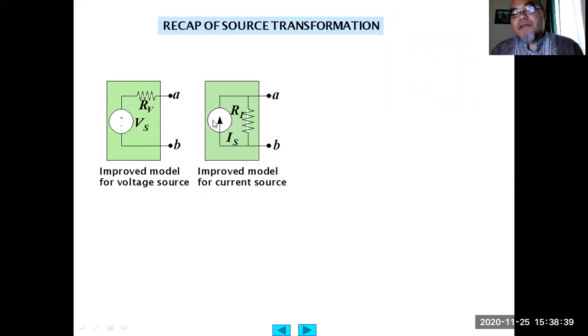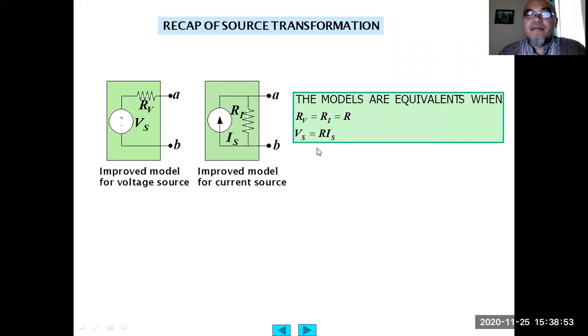Otherwise, we can also replace the current source with a more improved model as a current source in parallel with an internal resistor. Yeah. So the two models are equivalent when Rv equals Ri equals R, and this Vs voltage source equals Is times Ri, or Is equals Vs divided by Ri, or divided by Rv.